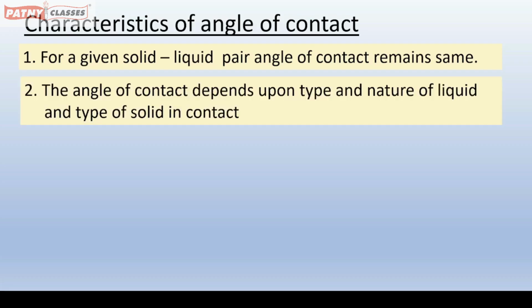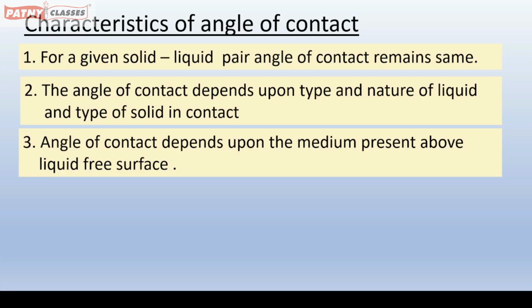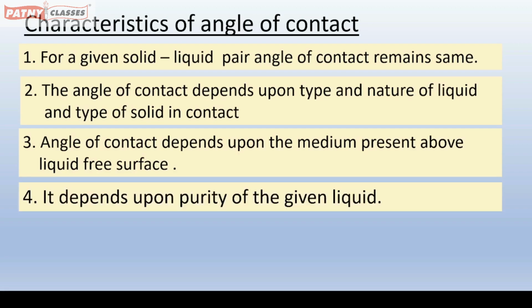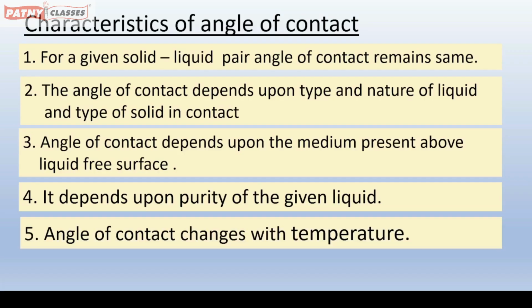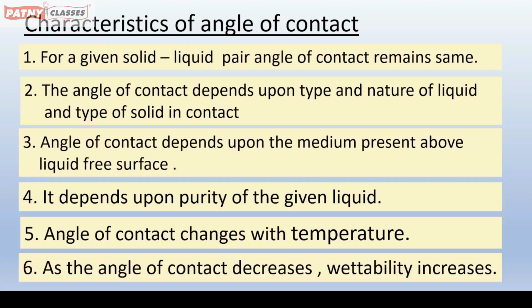The angle of contact depends upon the type and nature of the liquid and the type of solid in contact. It depends upon the medium present above the liquid free surface. It depends upon the purity of the given liquid. Angle of contact changes with temperature. As the angle of contact decreases, wettability increases.